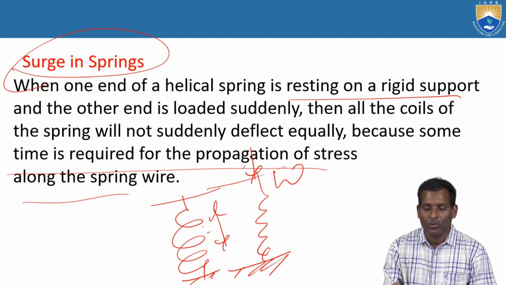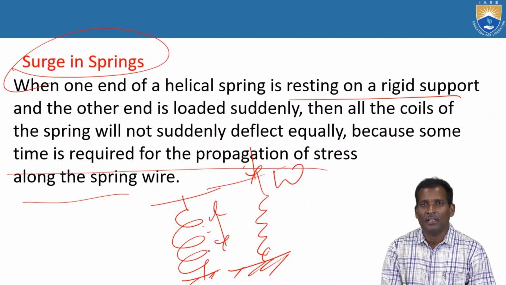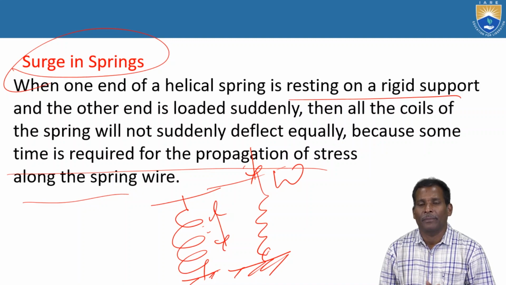It carries load from one end to the other end, bottom to top and top to bottom, so it takes some time. So all coils will not participate in this loading.